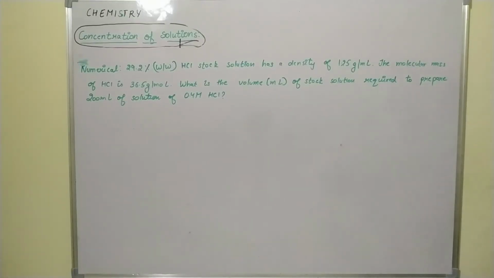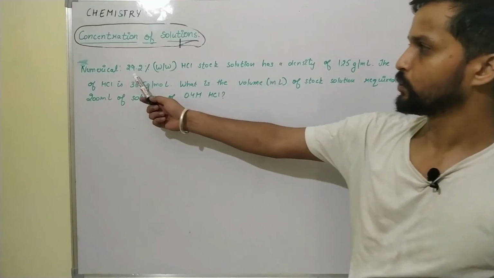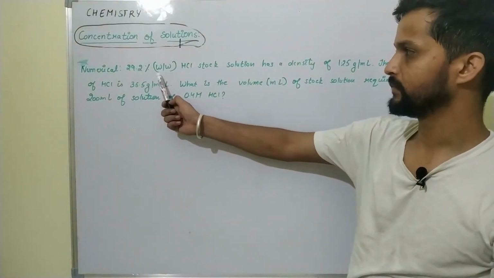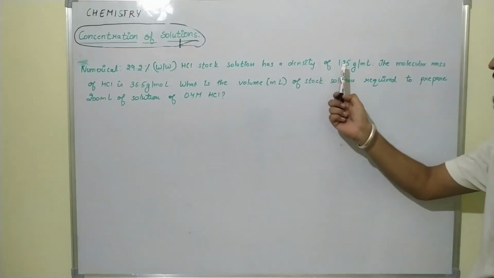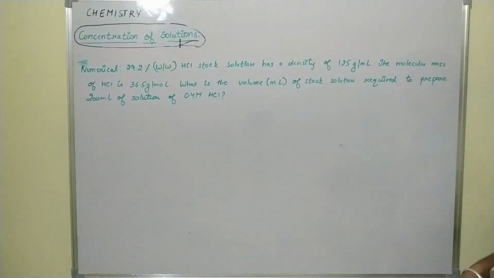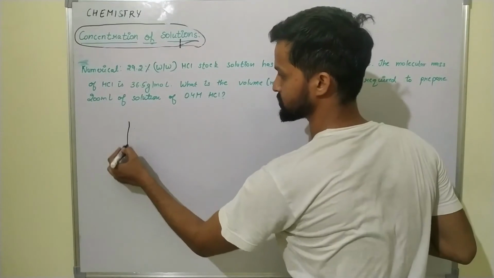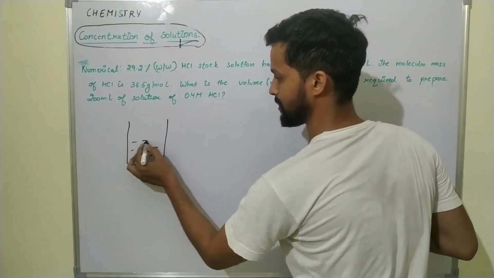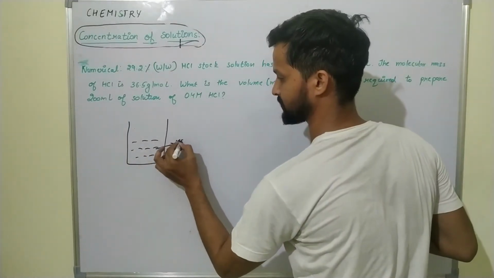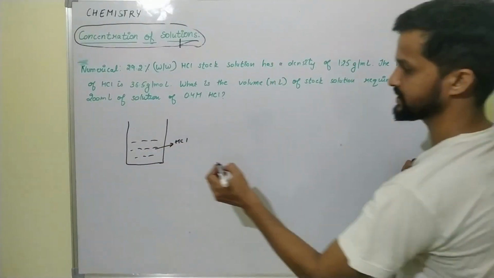So students, here the numerical is: 29.2% weight by weight HCl stock solution has a density of 1.25 gram per milliliter. So here in the question they have given you that you have an HCl solution and which has a density.